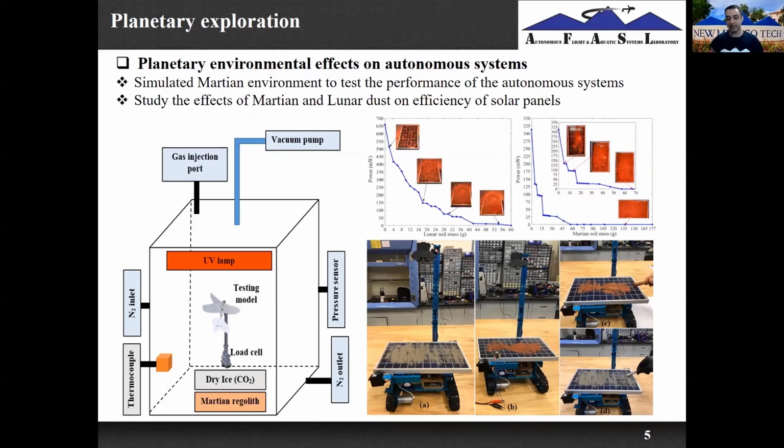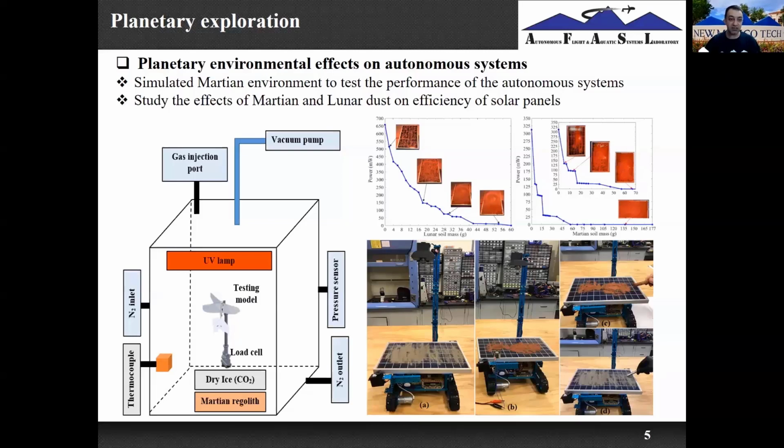The density of the air on Earth at sea level is 1.225. So if you compare these two, the air on Earth is around 120 times denser than the atmosphere on Mars.